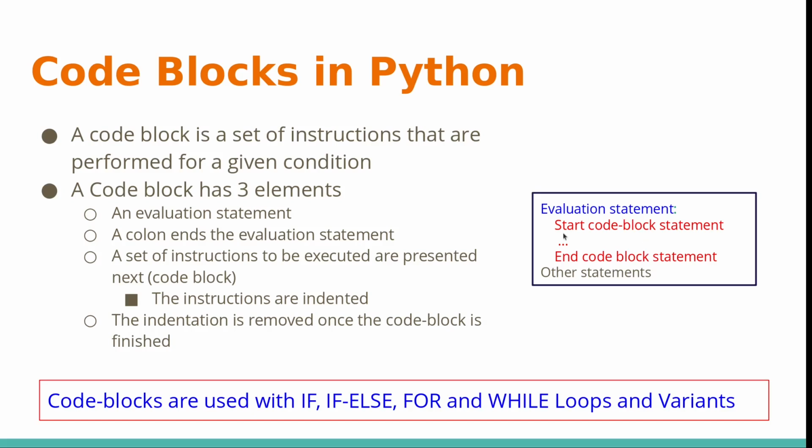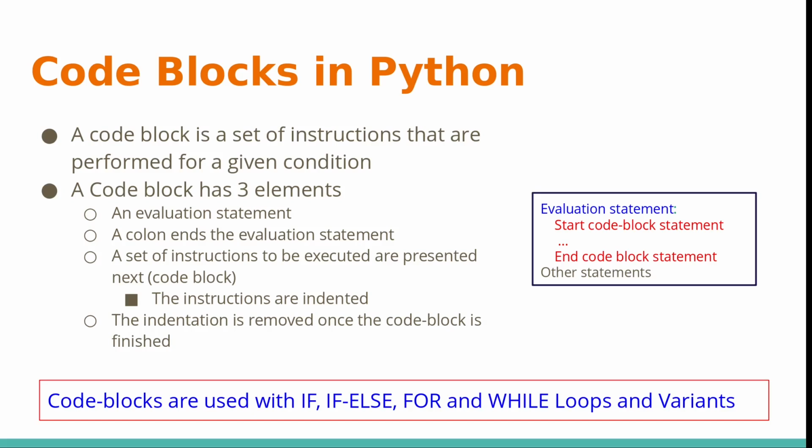And then once that evaluation statement proves to be false, we move further down to other statements that are below it. A code block is how Python defines what statements are to be executed for a given evaluation statement.